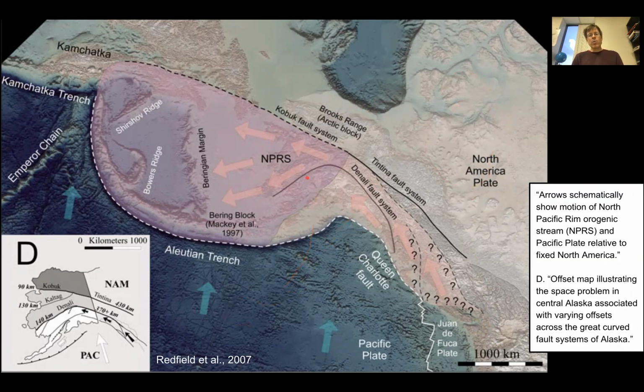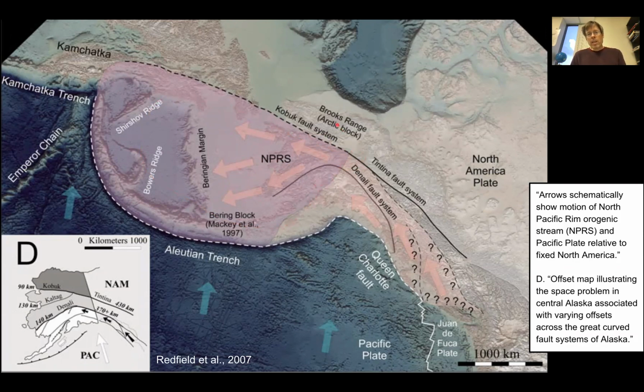But then these authors in between have said there's some complicated things going on. They label this NPRS, the North Pacific Rim Orogenic Stream. But the point is that things are not behaving rigidly according to these authors and some of the data that are underlying this inference or hypothesis of motion.